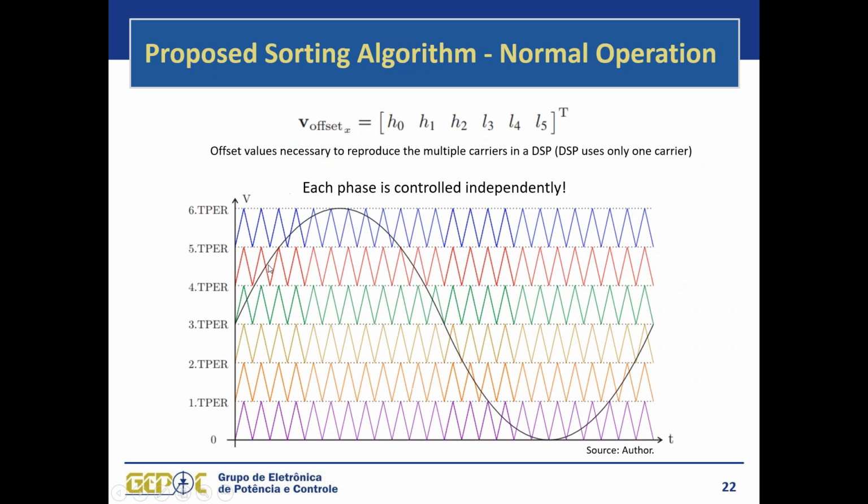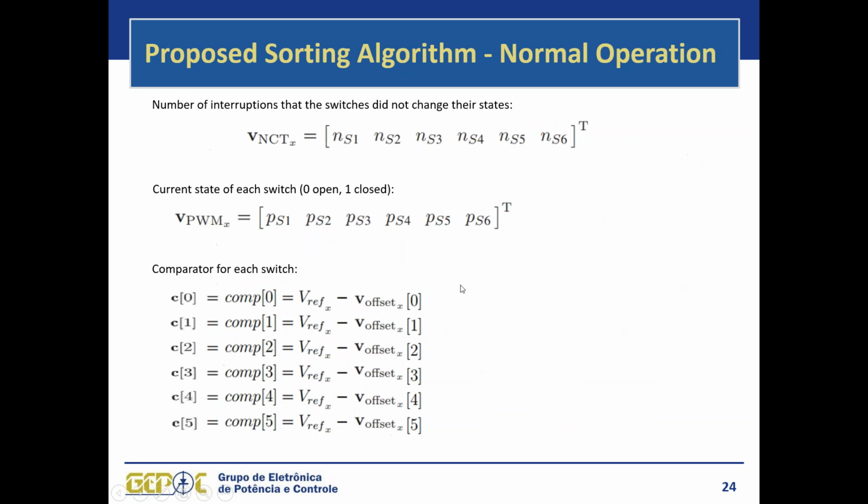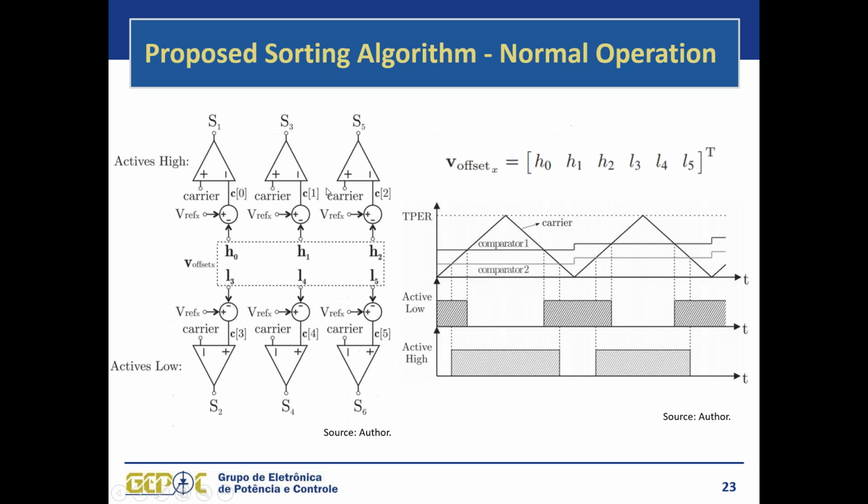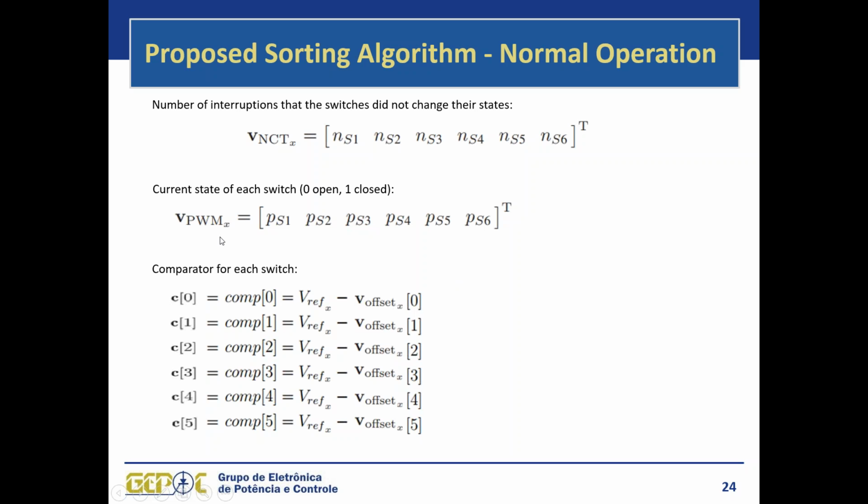So we have the reference voltage, which is between zero and the maximum value of the carrier, and we subtract from this reference value the value of the offset for that given switch that is stored in the vector V offsets.